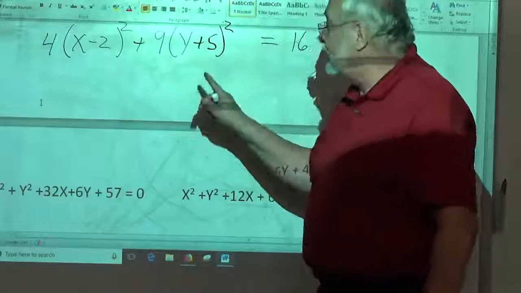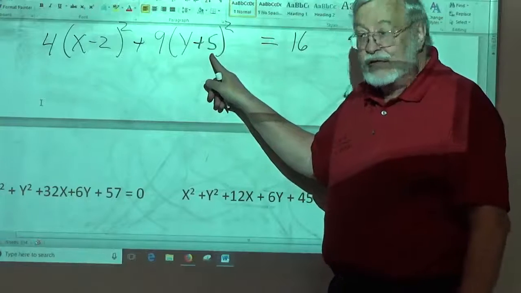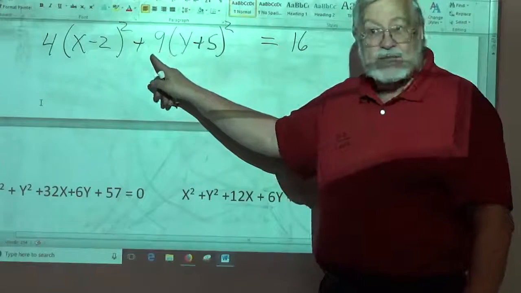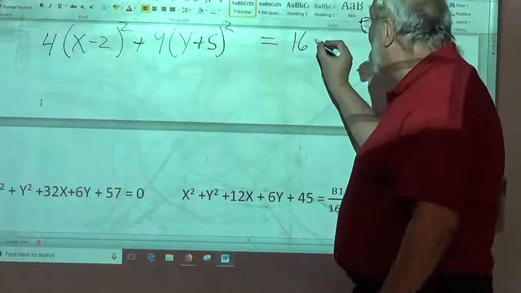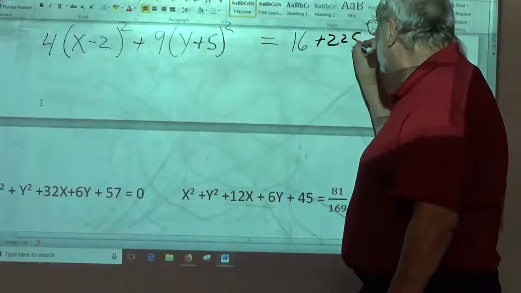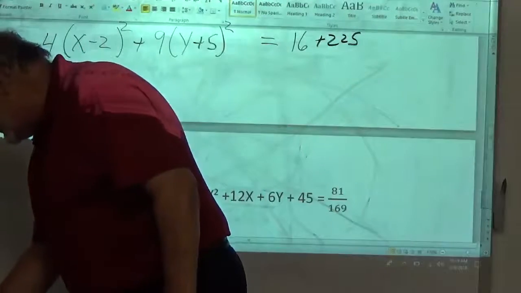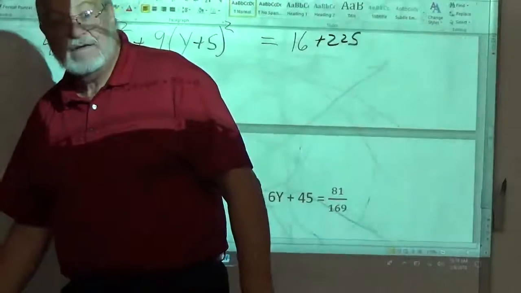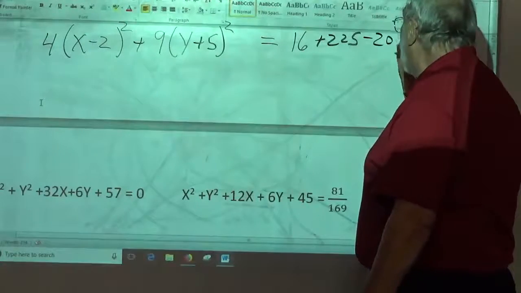Now watch this. 5 squared is 25, and 25 times 9 is 225. So now I have to add a 225. Do I have a third term? Third term is 205. So therefore I'm going to subtract 205.